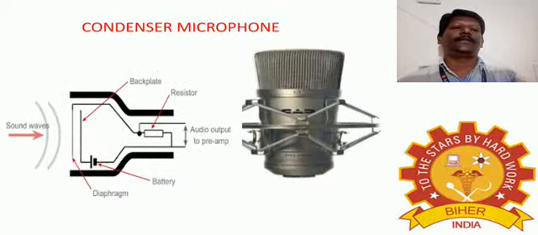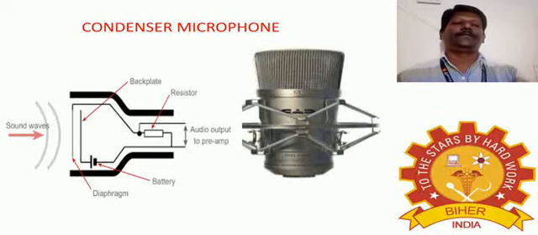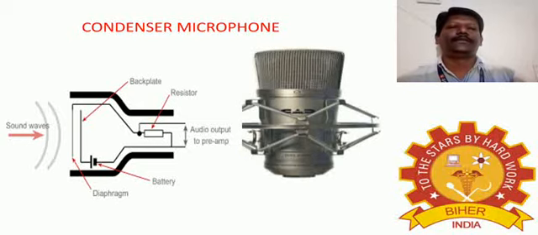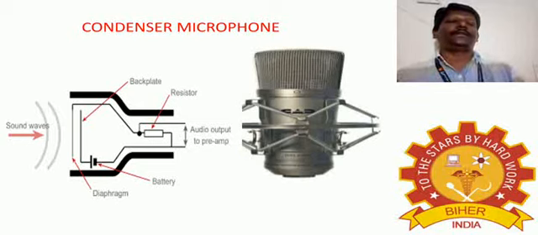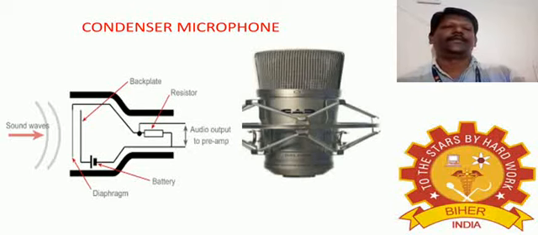Next, the condenser microphone. It's a professional microphone. In this type of microphone, there are two plates, a back plate and a stationary plate. Usually a condenser has capacitance. Here, the stationary plate works as a diaphragm.